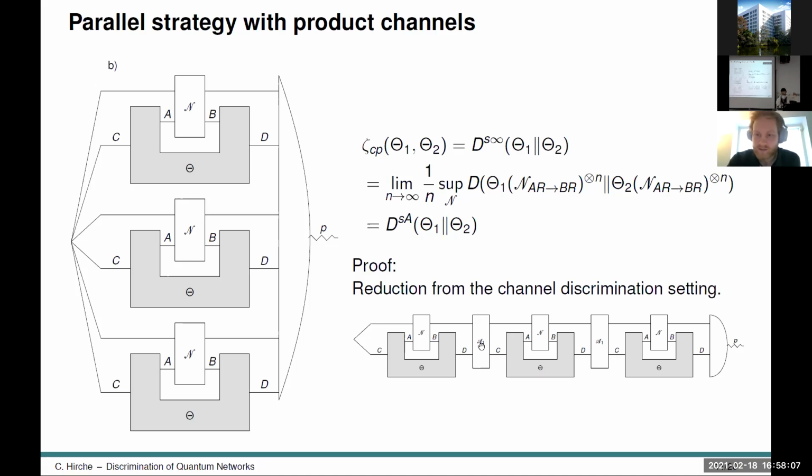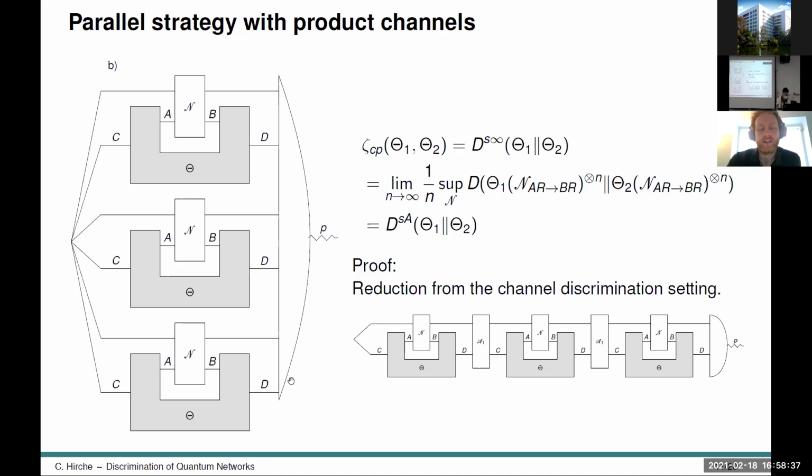And actually, this is maybe not 100% accurate. The N's and the channel inputs in this kind could also all be different. We can also choose those ones adaptively. So now we have chosen the states. Well, sorry, I should say explicitly that these adaptive strategies are equally strong as the parallel strategies. And this follows from the channel discrimination setting.